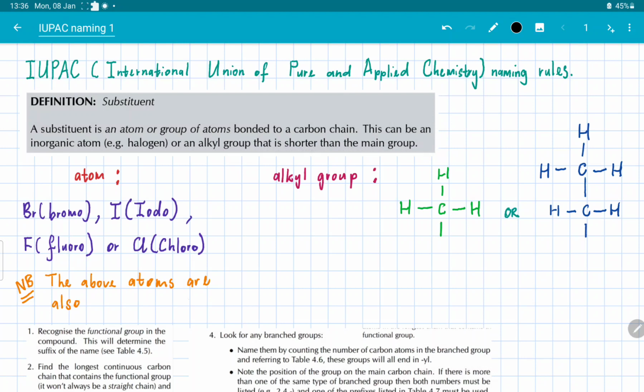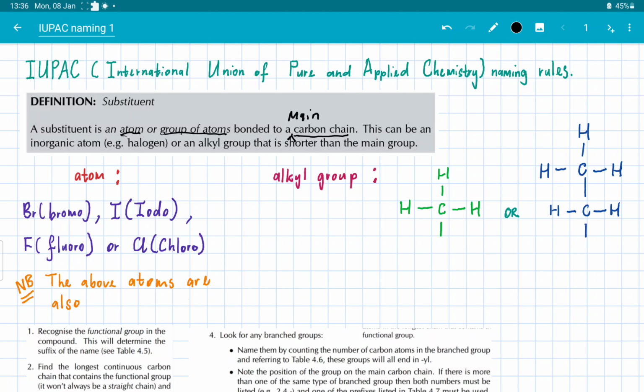So there are two types of substituents. It is an atom or a group of atoms that is bonded to a carbon chain. We can even say to a main carbon chain, just to emphasize that part. There's a main carbon chain, and then there are substituents, additions, in other words.